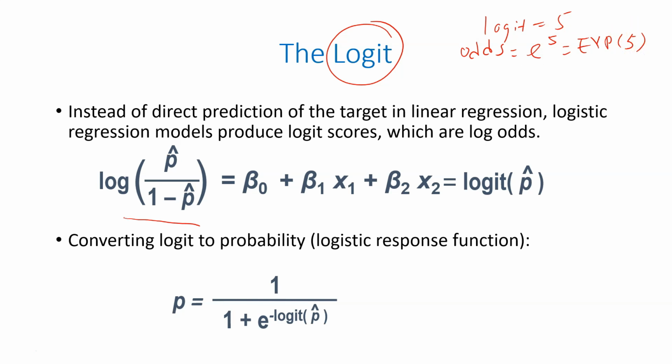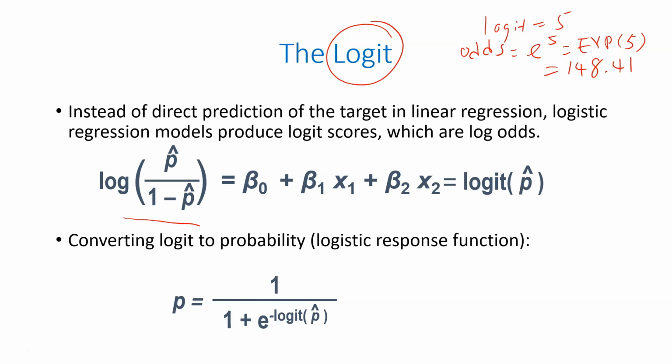The exp function raises the mathematical constant e, which is about 2.71, to the Logit score's power. In this case, 5th power. And that gives us the odds value of 148.41.